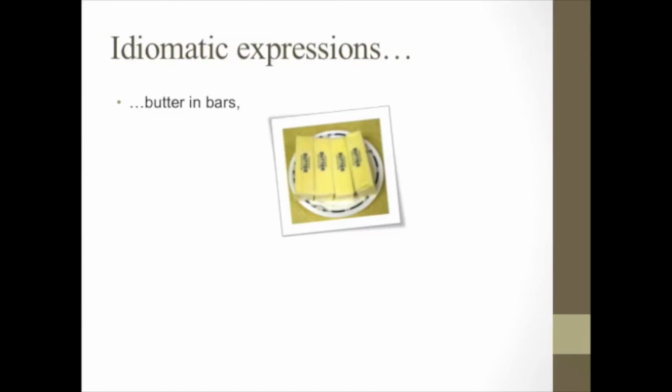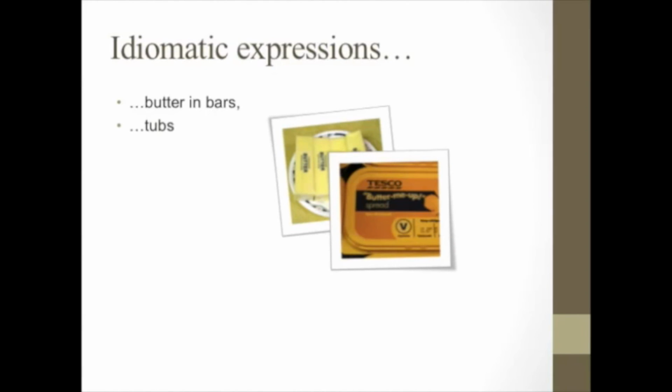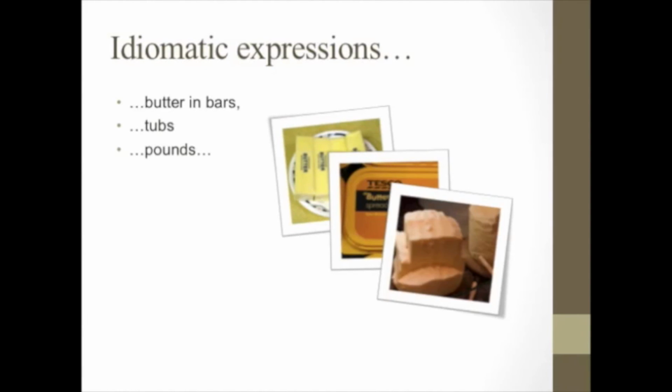Finally, we have some idiomatic expressions that are peculiar to some words, and these are just a few examples. For example, normally when you're referring to butter, you would quantify it in the United States with the packages or forms that it is found in, such as bars, tubs, pounds of butter, and so on.